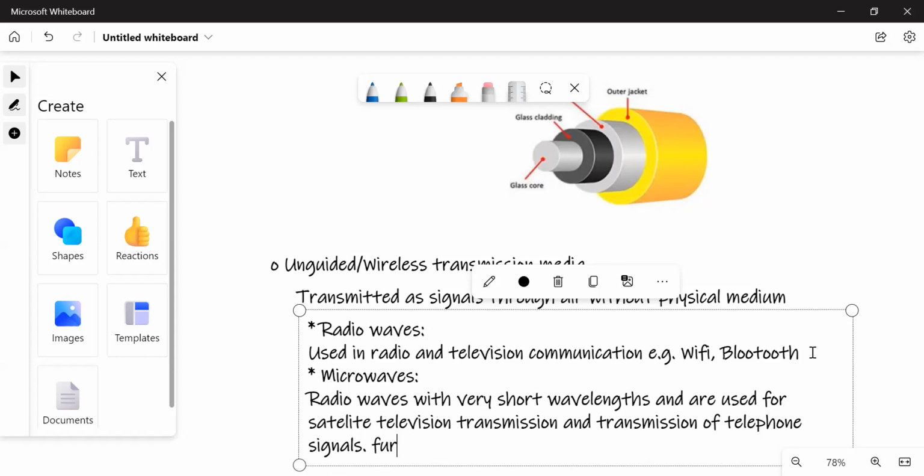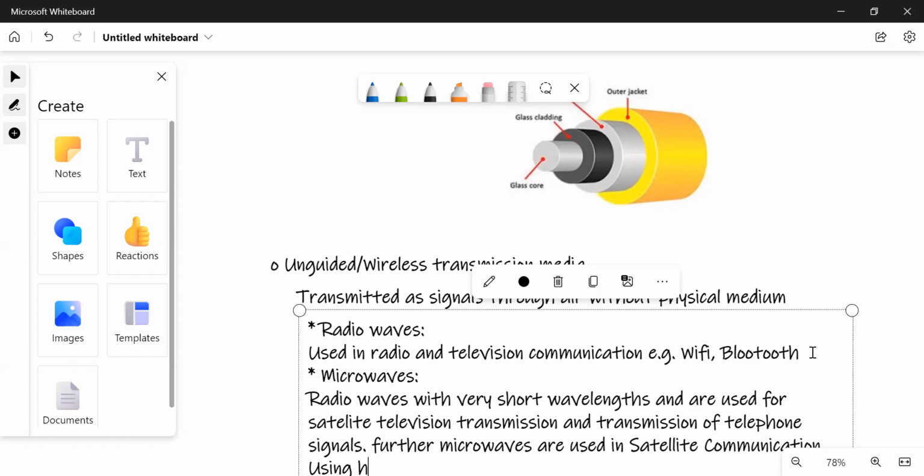Further, microwaves are used in satellite communication. Using this method, data can be transmitted to any distance. Right. Let's write down.